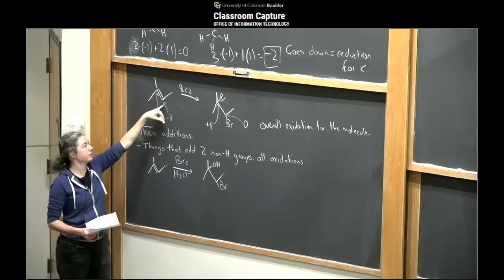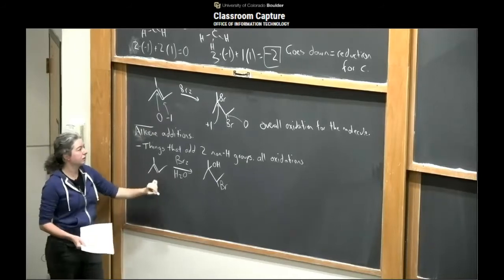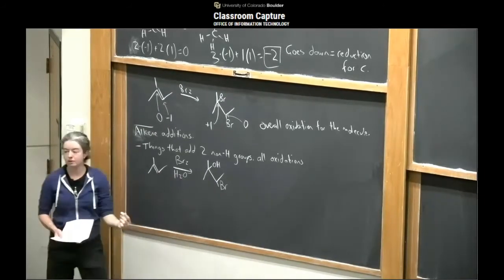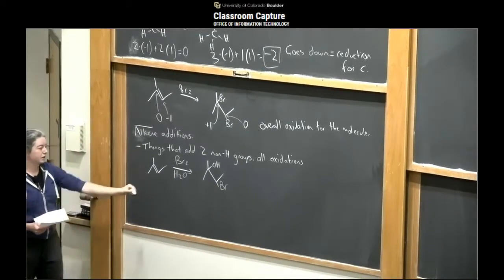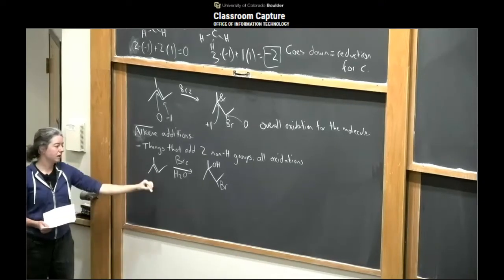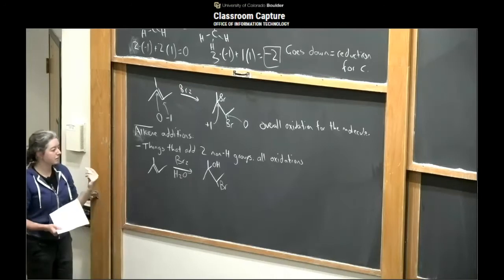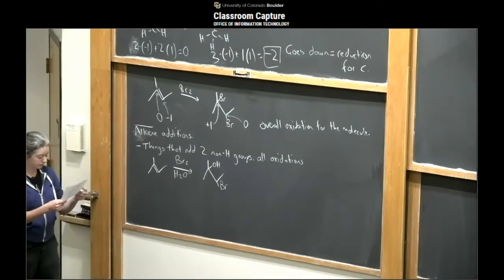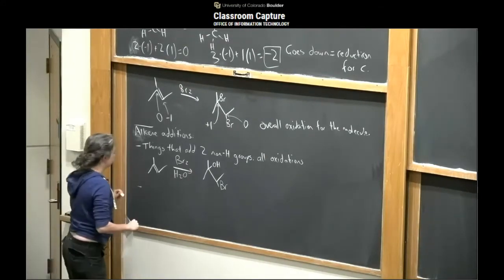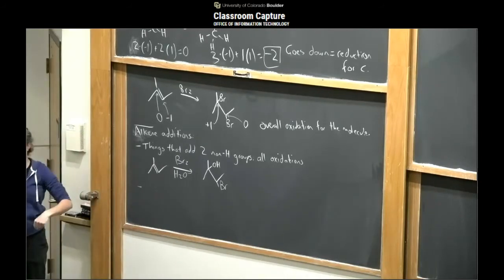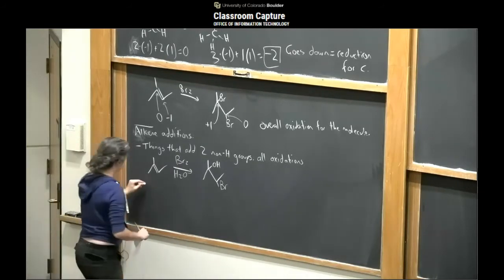It goes from 0 and -1 on this particular molecule to +1 and 0. You could also do it for haloether formation. The only difference is instead of an OH, you'd have like an OR of some kind, depending on what alcohol you used for that. Okay, the next category we saw was things that had 1 H and 1 non-H.